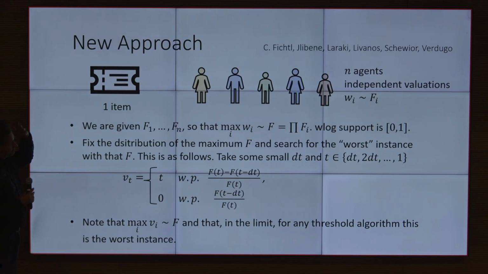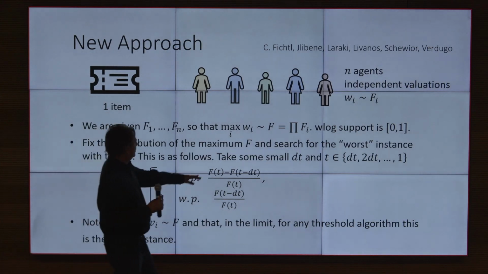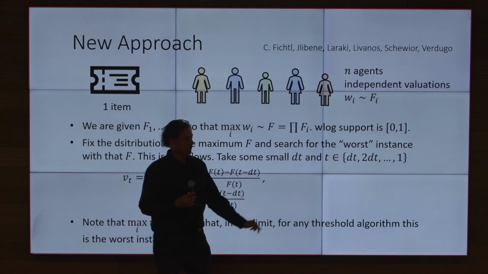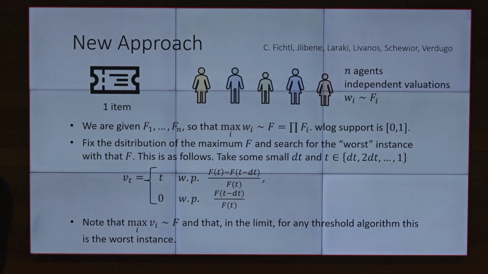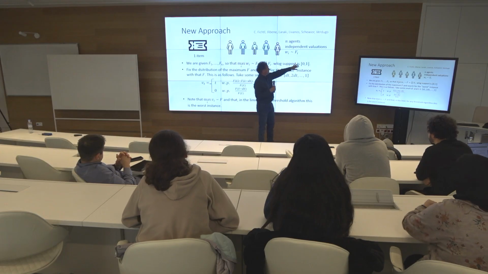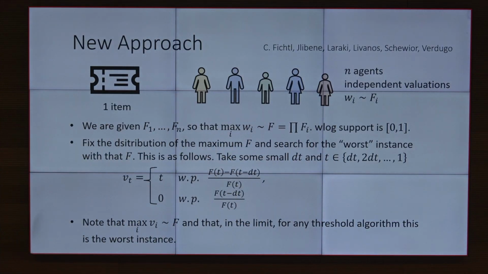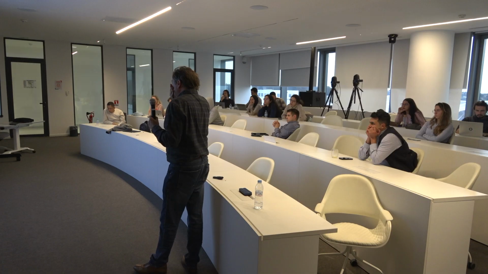It's an idea based on differential equations, on ordinary differential equations. So again, we have our f's, and let me call f the distribution of the maximum. And without loss of generality, we can assume everything is rescaled and supported in [0,1].